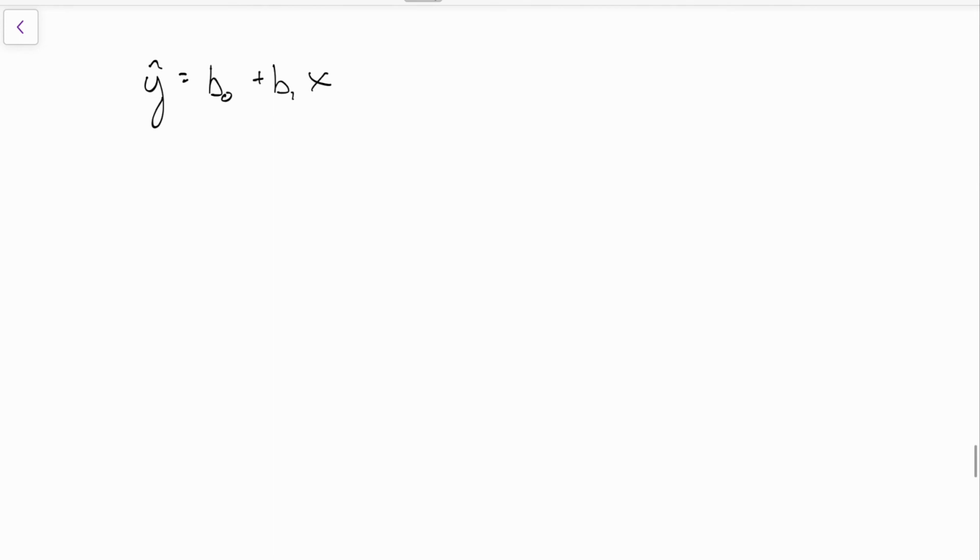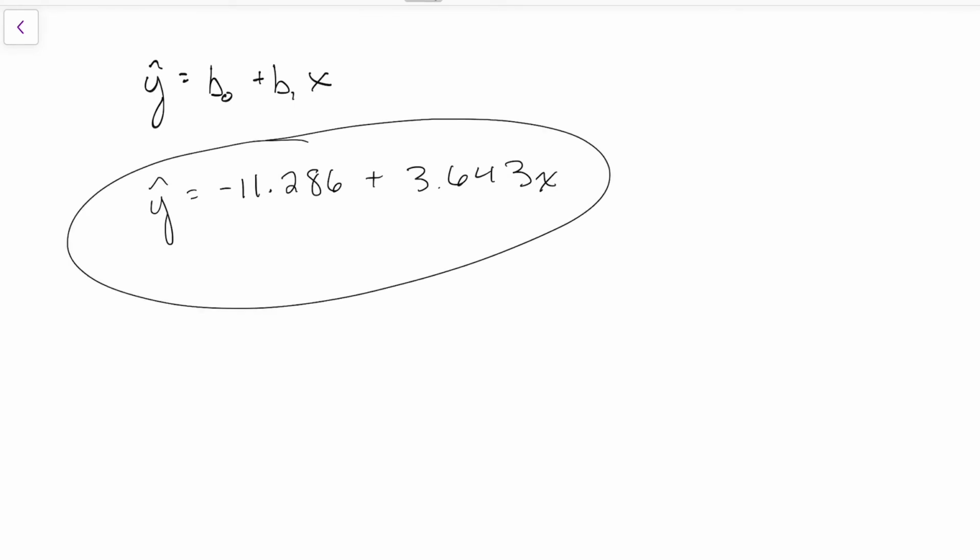The final answer for this will be the equation of a line. So I'll take my basic equation of y hat is equal to b sub 0 plus b1x, plug in the values I have, and get a final answer.